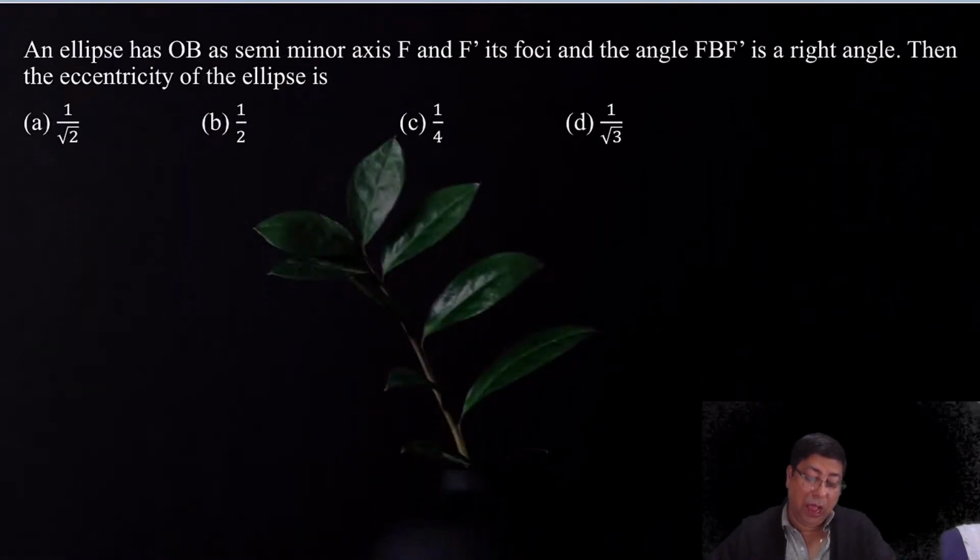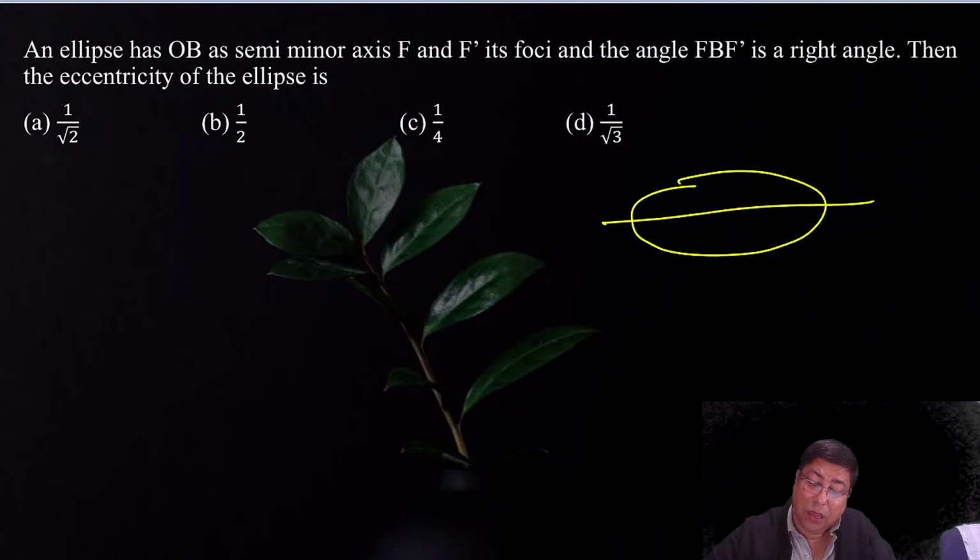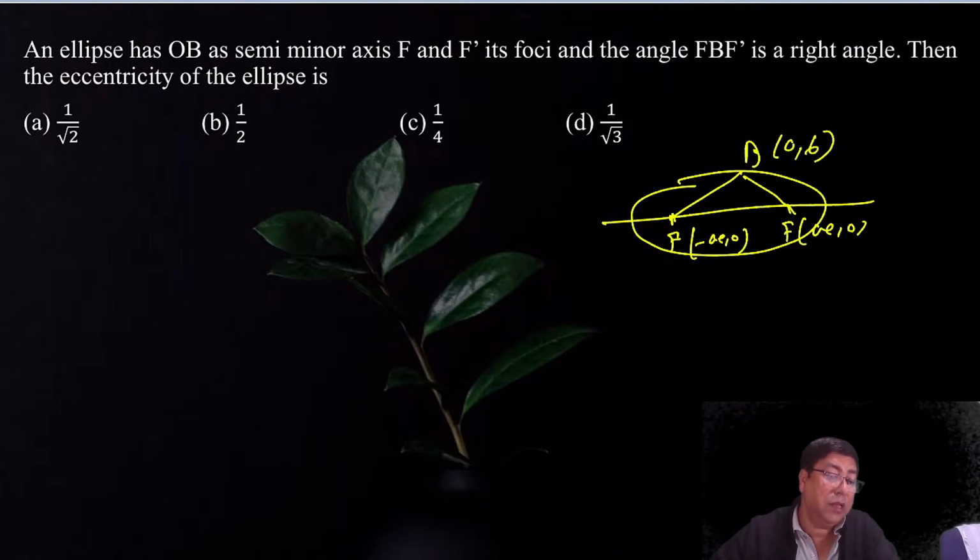Next sum. An ellipse has OB as the semi-minor axis. F and F dash are its foci and the angle, if B F dash is a right angle, then the eccentricity of the ellipse is. One basic sum, let us solve. We have done such a sum previously. So this is F dash, minus A E, 0, F is A E, 0, B is 0, B. Therefore, we can write this as 90 degrees.